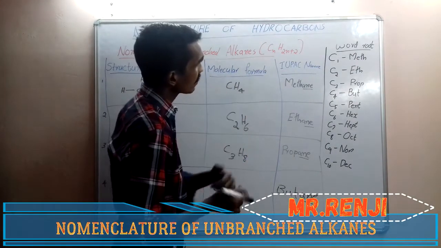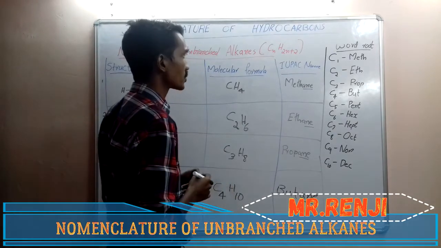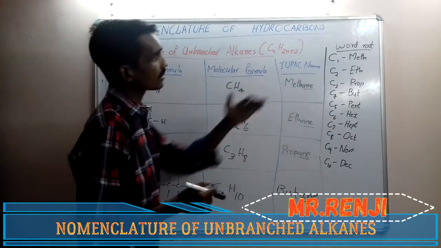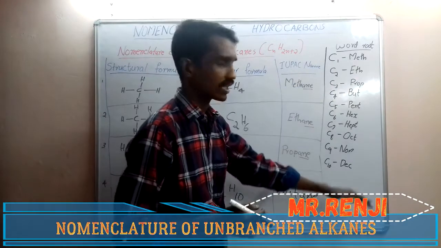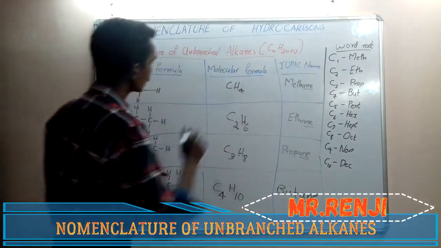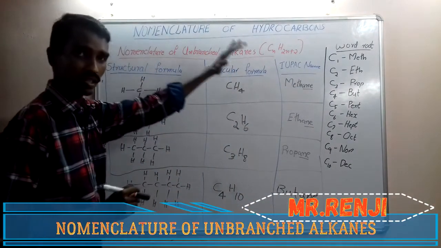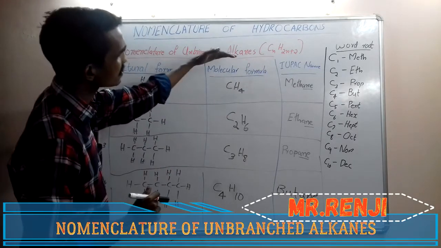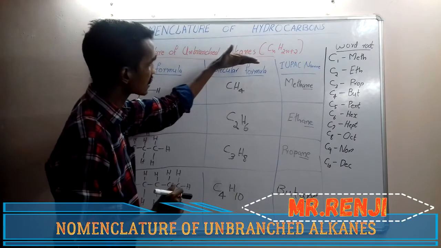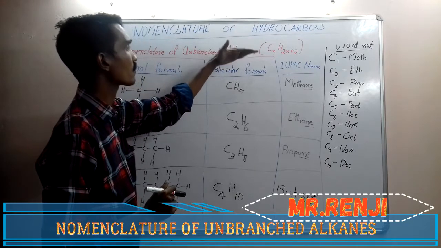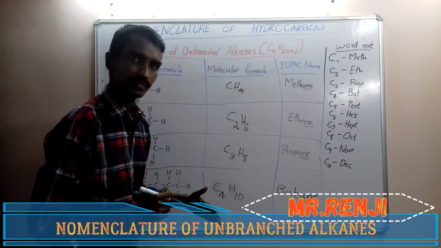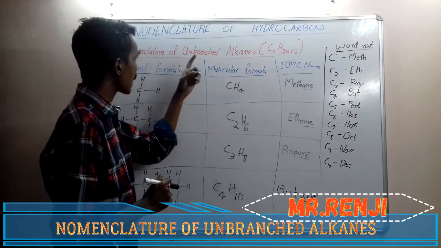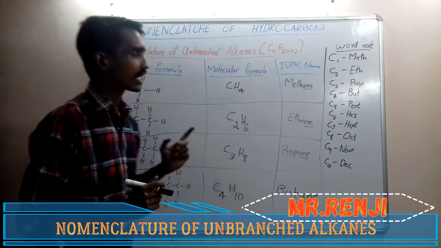The general formula is CnH2n plus 2, and the word roots are written here. So first we study the details of alkanes, unbranched alkanes.